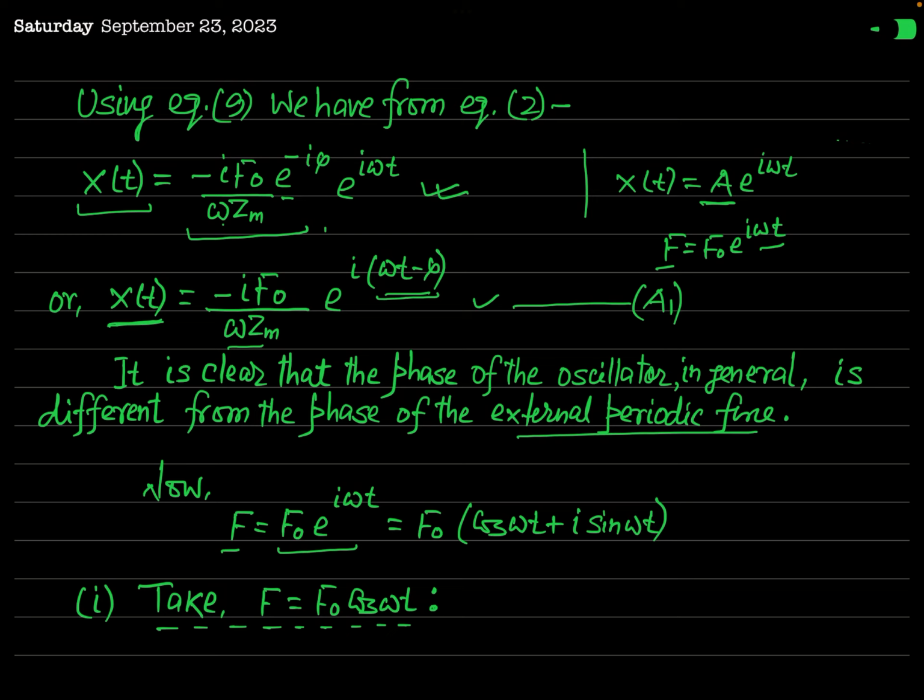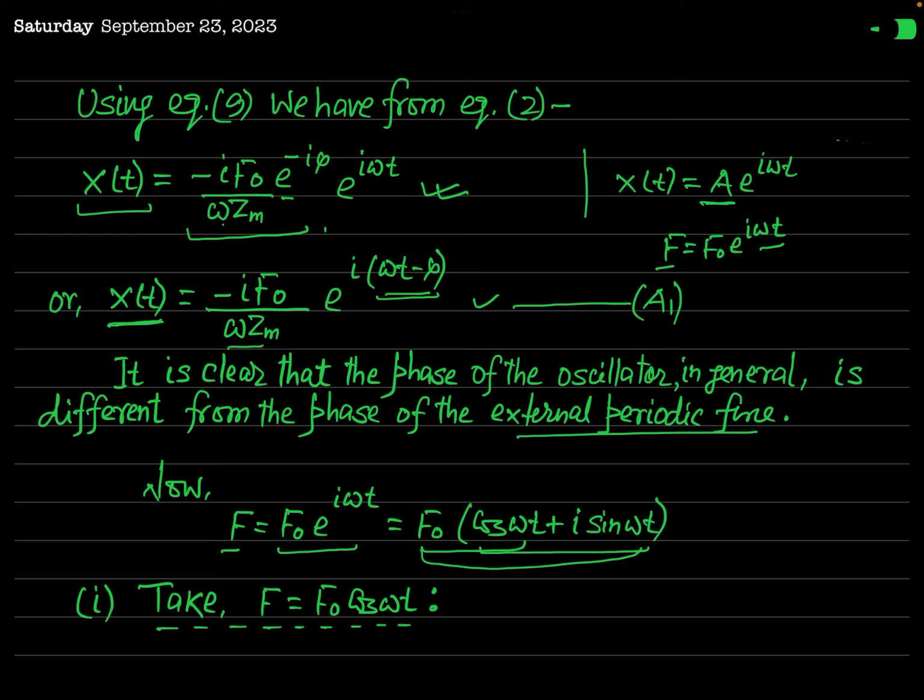But e to the power i omega t is equal to cos omega t plus i sin omega t. So you can see that f naught cos omega t is the real part of this applied periodic force F, and f naught sin omega t is its imaginary part.